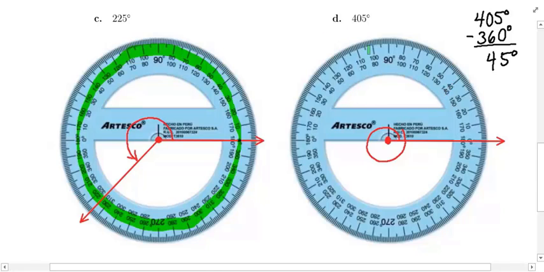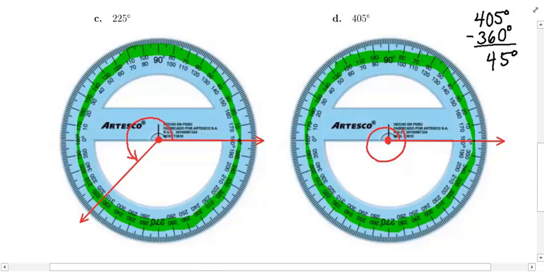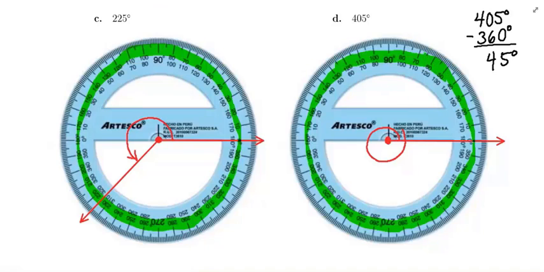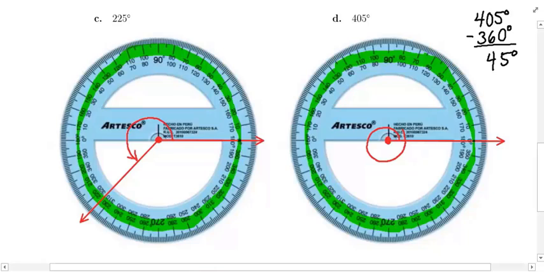So again, we're looking at these outer numbers. Let me highlight them because it's easier to see them. Once you've gone one time around, you're back at the initial side, you've gone 360 degrees, you can go ahead and kind of reset it to 0. You've got to go 45 more degrees.